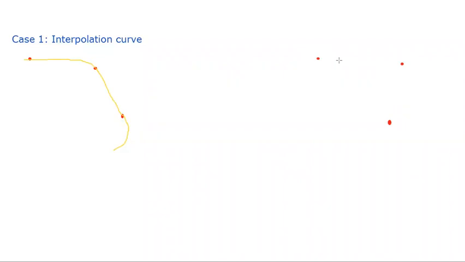Now I am going to draw the curve using these control points. In this diagram, the yellow color line is the curve.